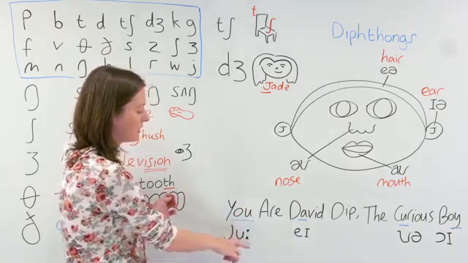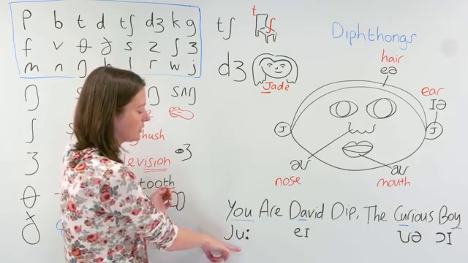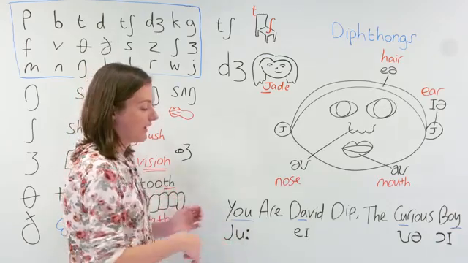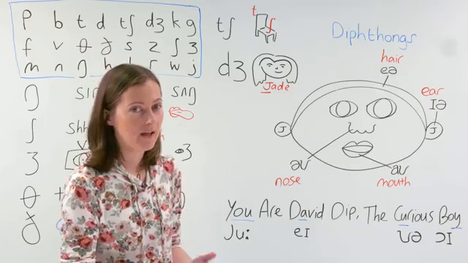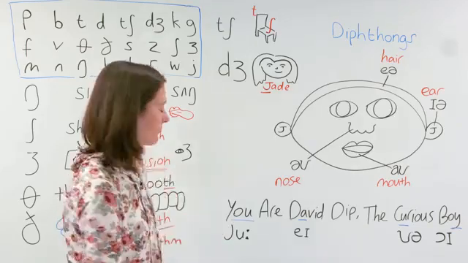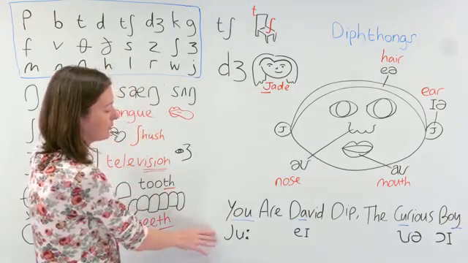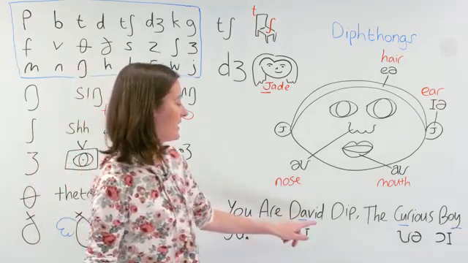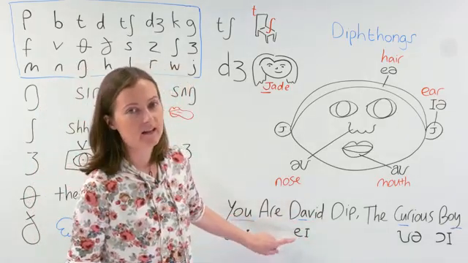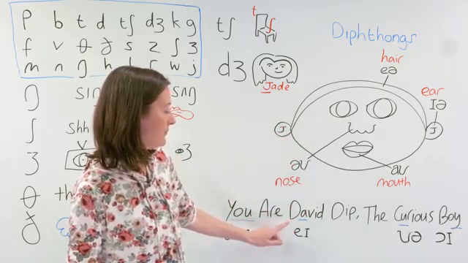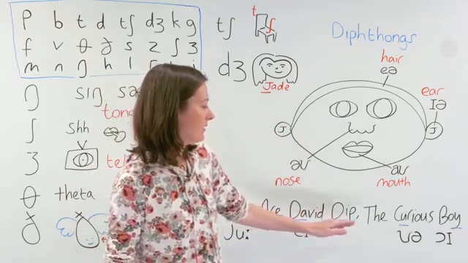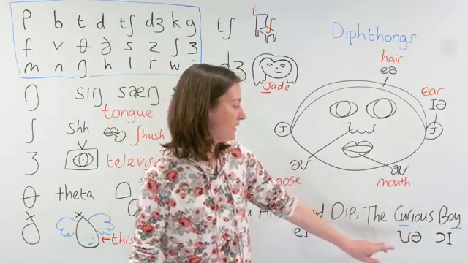It is made up of 2 sounds, but because it's a common sound in English, for example in the word you, it's useful for us to learn. So that's why it's here. You. You are David, A, in the name David. The curious boy.